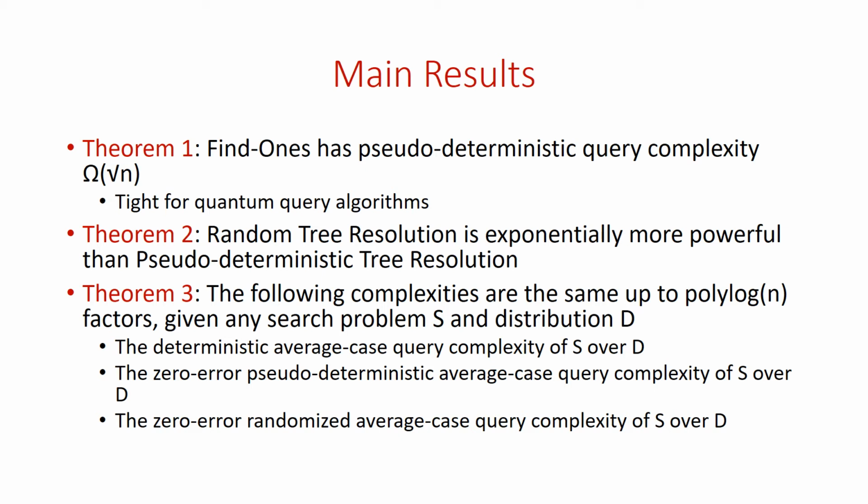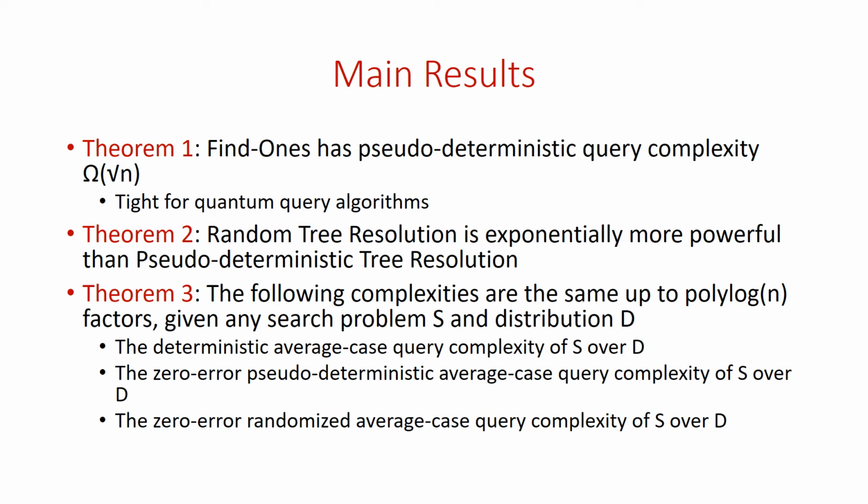A second theorem is an application of this first theorem and the techniques used to show that result, and it is a result about proof complexity. There's a known proof system called random tree resolution: tree resolution, a standard proof system, together with random axioms.